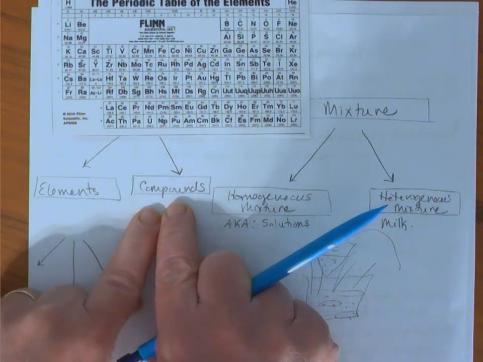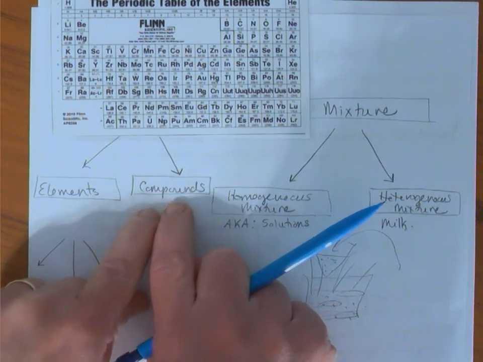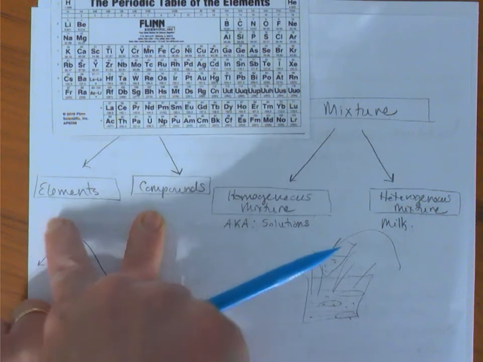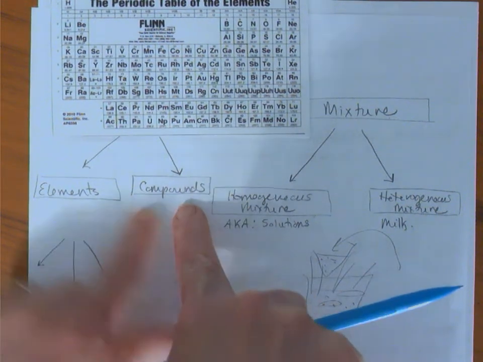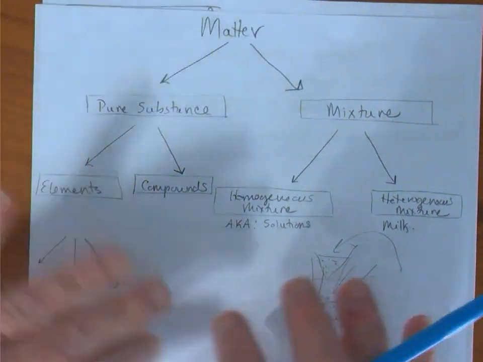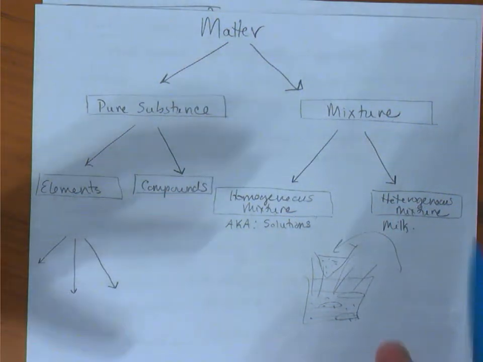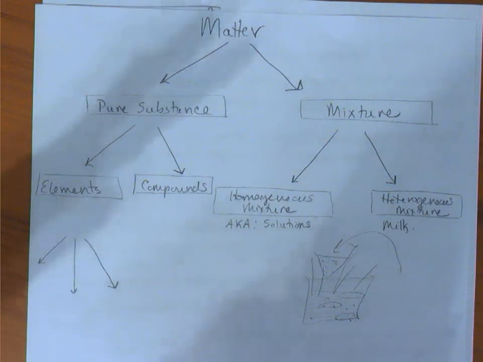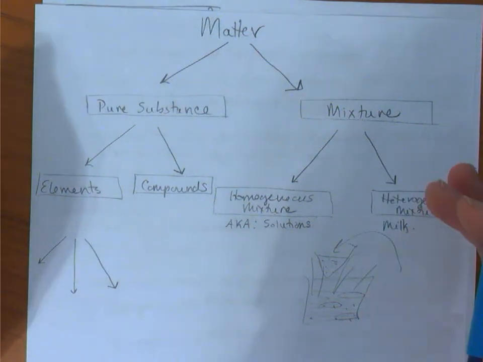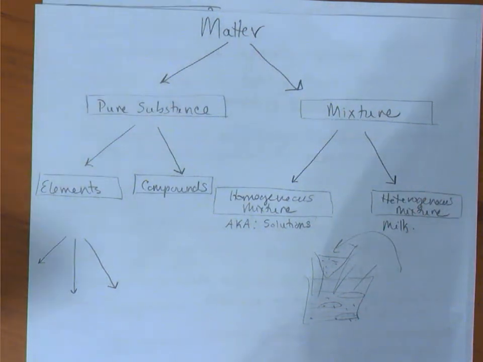And if not, then of course it's a compound if I can only separate it into elements chemically. Do not worry, we will show you what you have to know with this information. We recognize you're just beginning your chemistry journey. So the practice that we're going to do will show you how we expect you to apply this information.